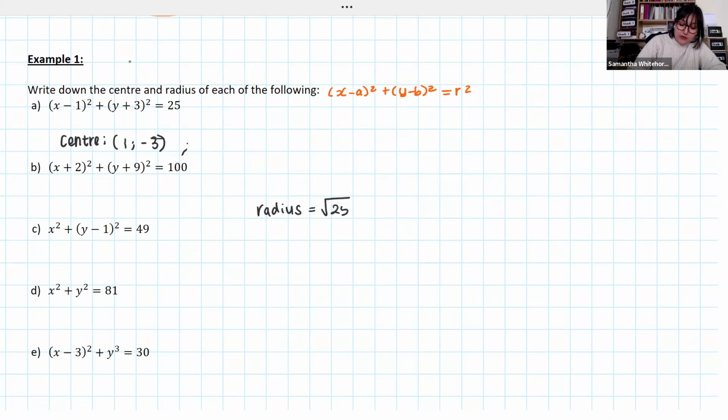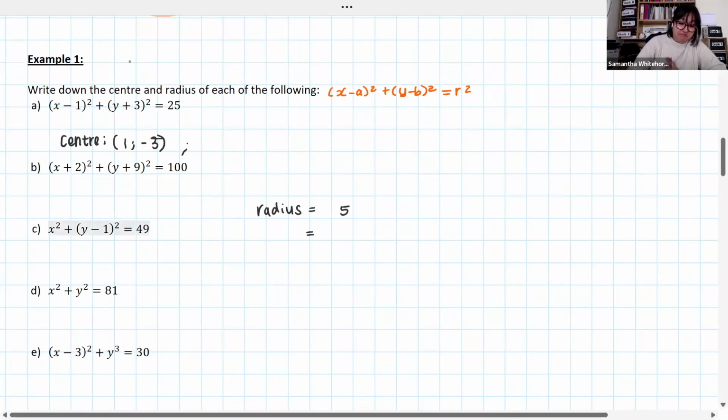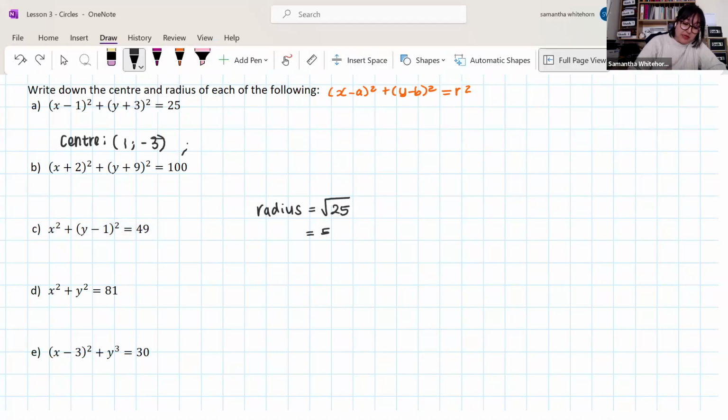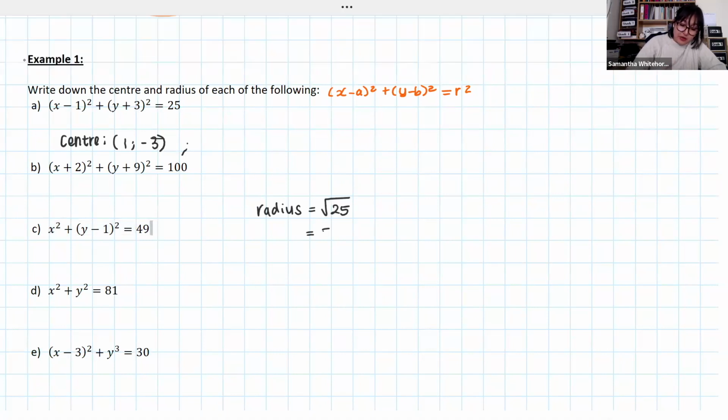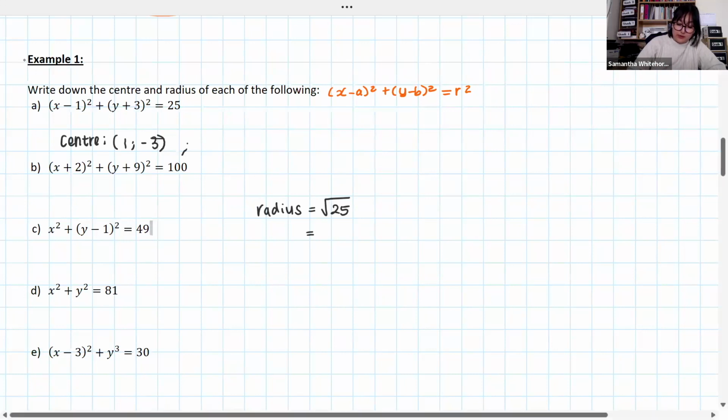So I need to take 25 and square root it. Now, remember your radius is a length, so it's always positive, which means your radius for the circle is 5 units. Cool. Right, so really nothing too tricky.